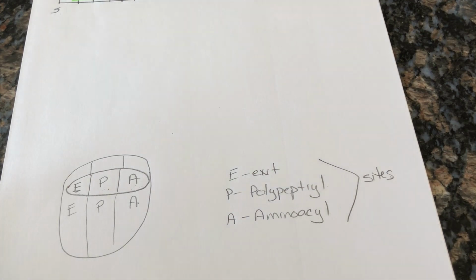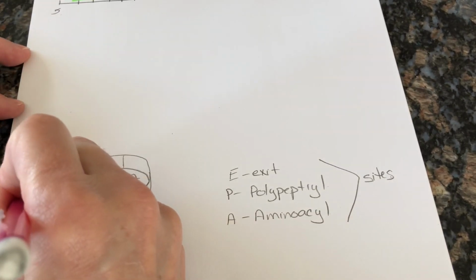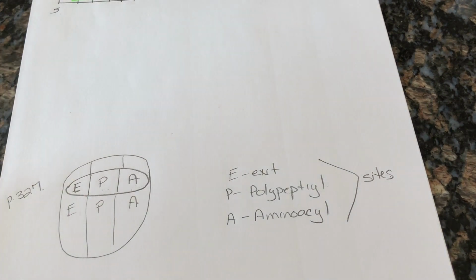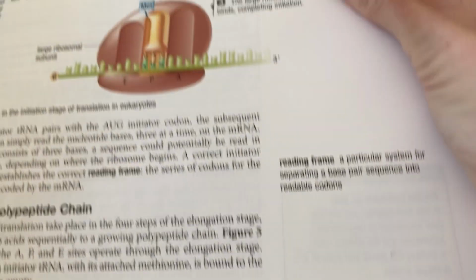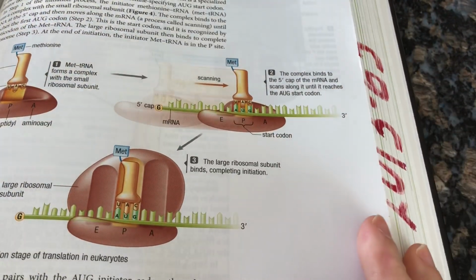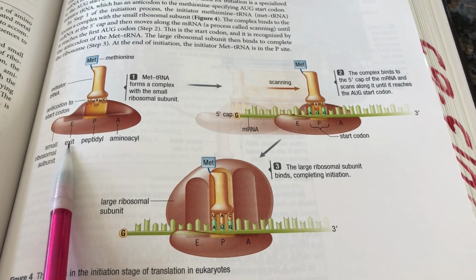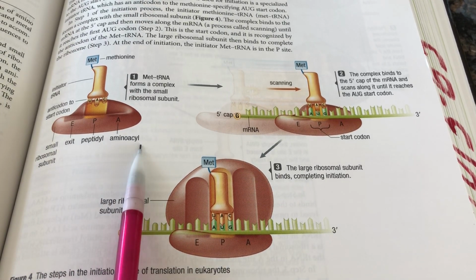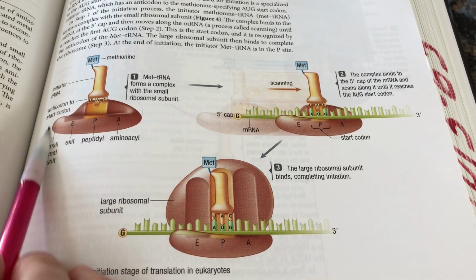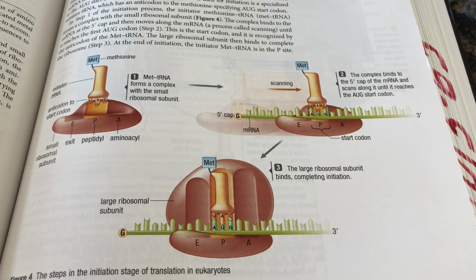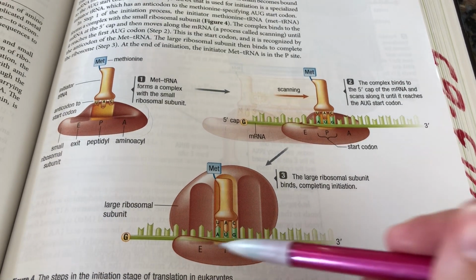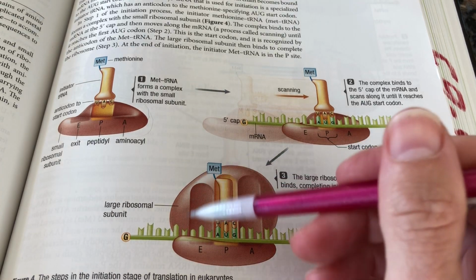Okay? So I happen to have this open for you guys. We're going to look at page 327. If you want to see a better diagram, and there are many better diagrams than that one of your rRNA. Okay? So we've got the exit site. Oh, there's the peptidyl and aminoacyl. Okay? So this here is your small ribosomal unit, and this one here is the small ribosomal unit and the large ribosomal unit.